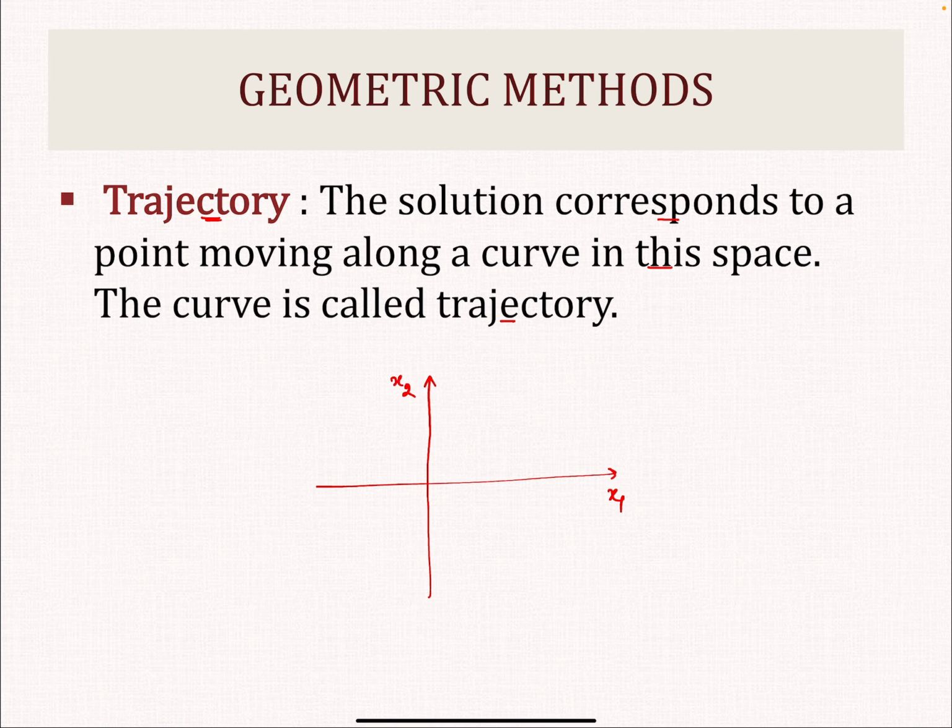If there is some initial condition, let's say our system is at this position, this is x1 at 0, this is x2 at 0. Now if this point moves, the system is moving in this way. So these are all the different points through which the system is moving. This is called the trajectory.